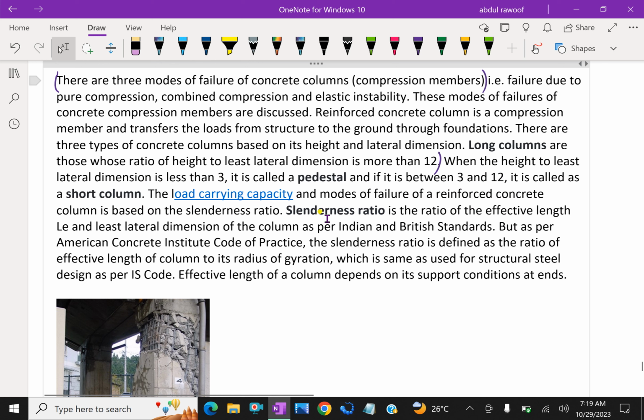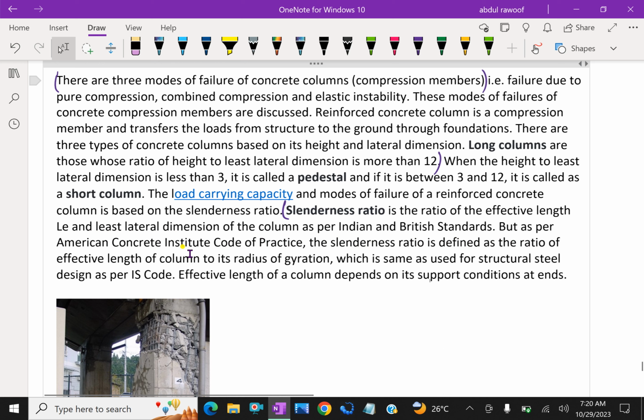The load carrying capacity and modes of failure of reinforced concrete columns are based on the slenderness ratio. The slenderness ratio is the ratio of the effective length to the least lateral dimension of the column as per Indian and British standards.